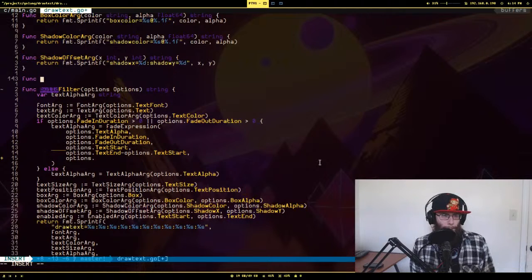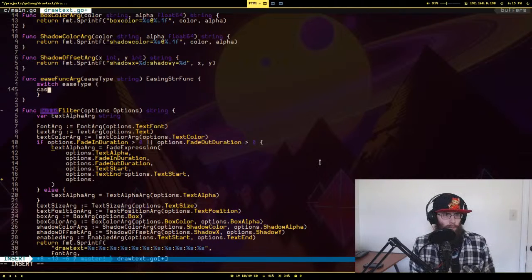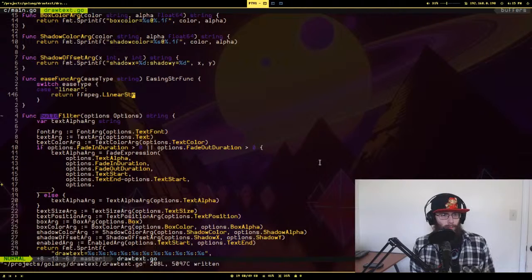Func. Do switch on ease type. Case linear, return ffmpeg.linear. Right, so that works.